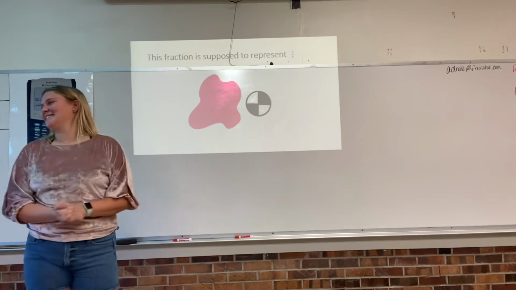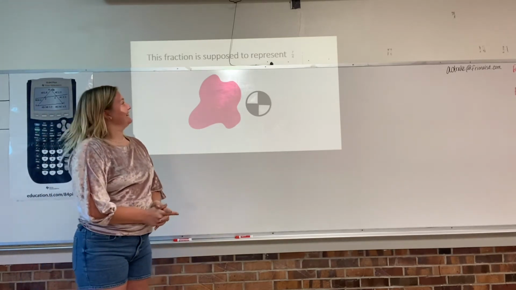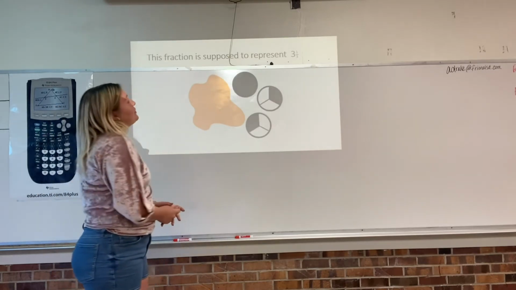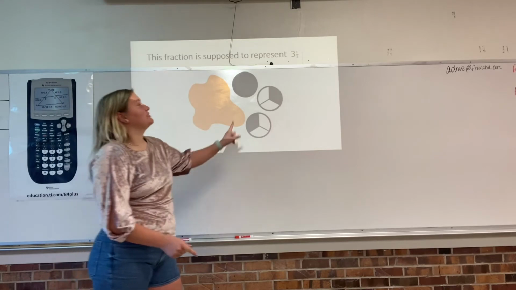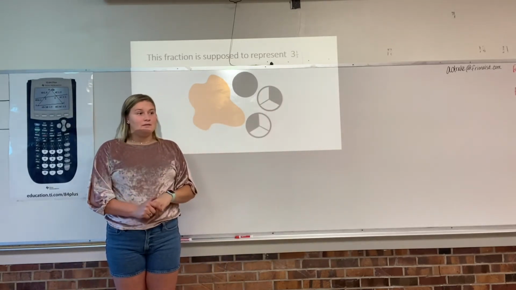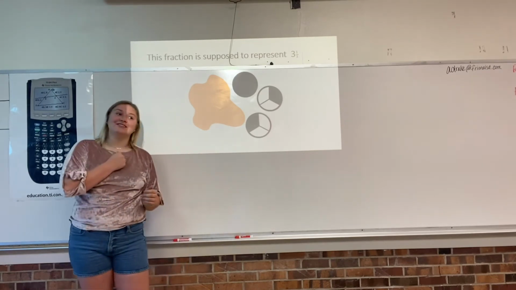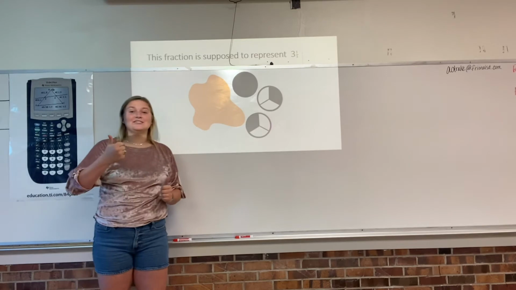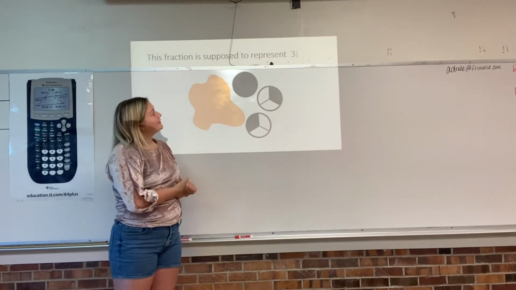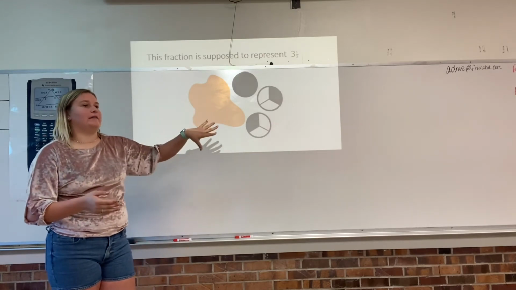Moving on to the next fraction. All right. So this fraction is supposed to represent 3 1/3. Whenever you're thinking, we're going to have a fist on our chest. When we get those answers, you're going to have a thumb and then multiple solutions. What is one way we can start by finding this?